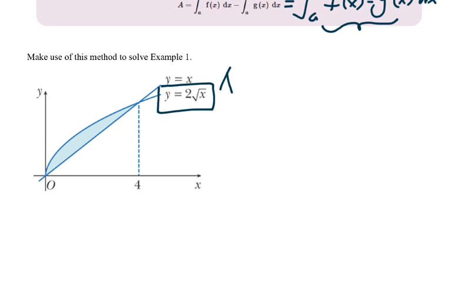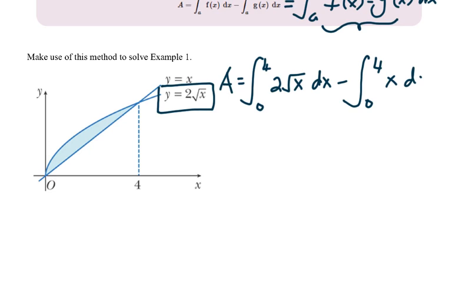To find the area of the shaded region, first you integrate from 0 to 4 of 2 root x dx minus the integral from 0 to 4 of x dx. Now both limits are the same, so we can combine them and put it as the integral from 0 to 4 of 2 root x minus x dx.